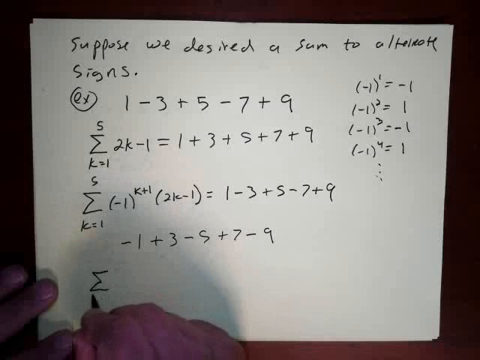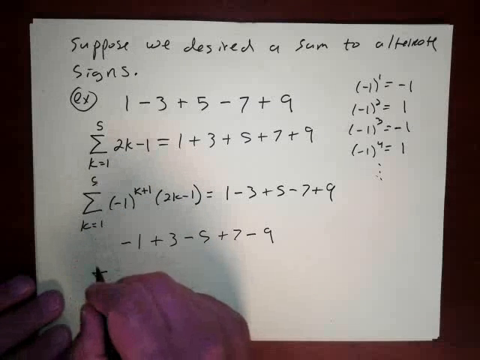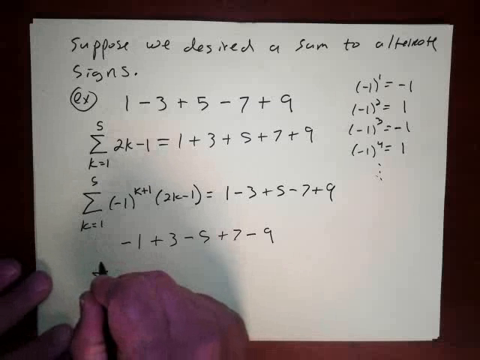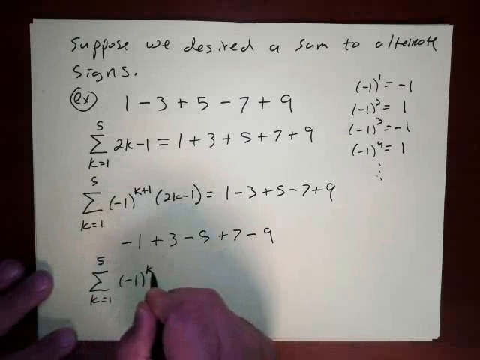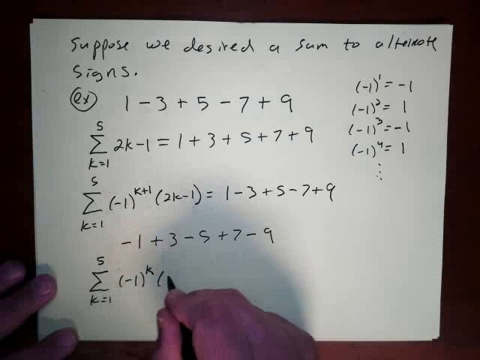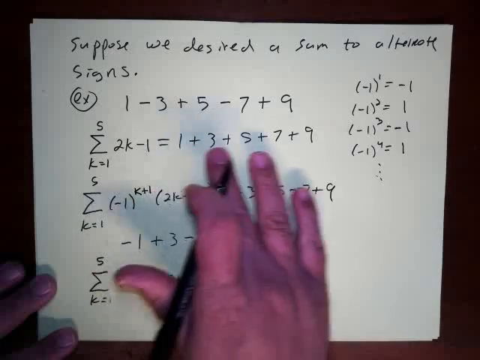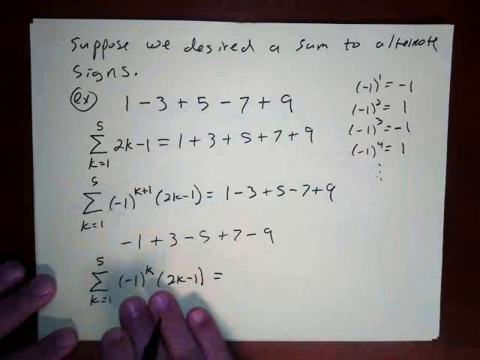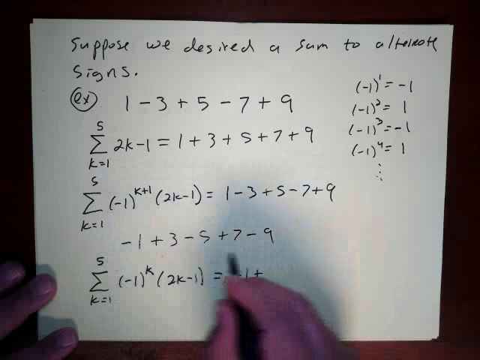Can you guess what I would do here? I'd have k equals 1 to 5, but then this negative 1, the exponent would just be k, and then I would have 2k minus 1. And this would give me these terms here, and then this would alternate them the way that I wanted them alternated here.